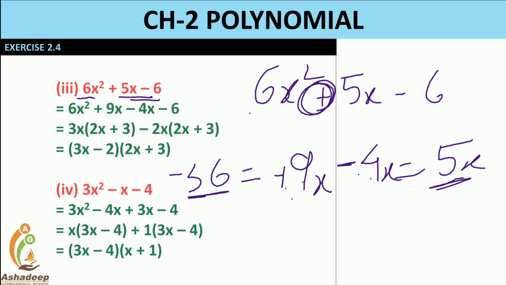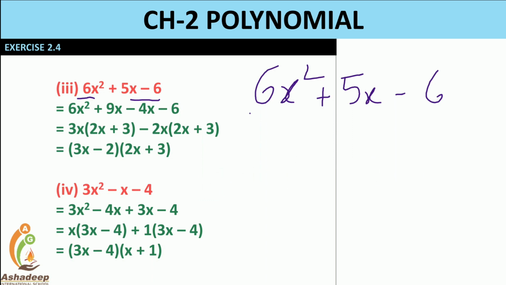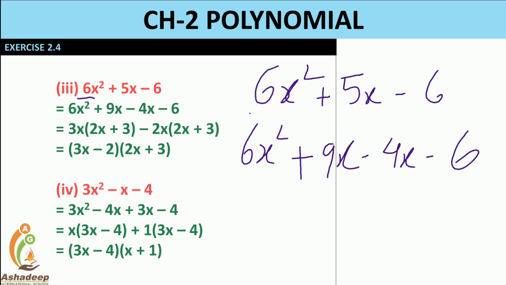So instead of 5x, I have to put 9x minus 4x, right? I'm going to do it step by step here. So 6x square plus 9x minus 4x minus 6.